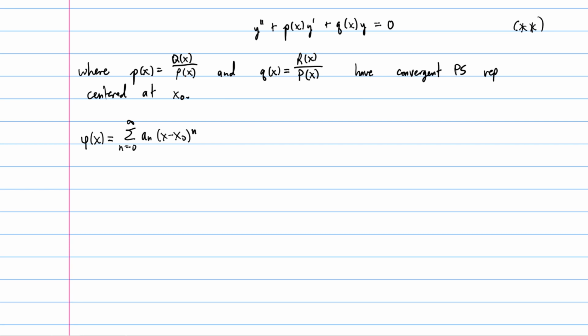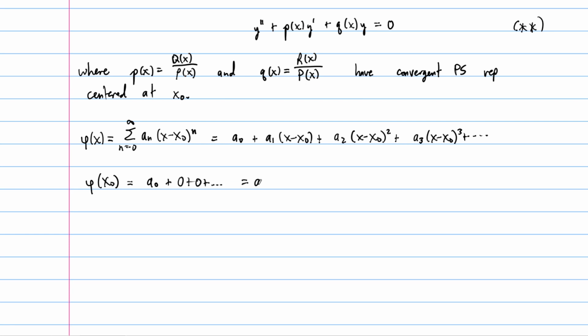This power series expansion would look like a sub 0 plus a1 times x minus x naught plus a2 x minus x naught squared plus a3 x minus x naught cubed, etc. Now if you plug in x naught, you get a naught plus zeros from all the other terms, so this is just a sub 0.